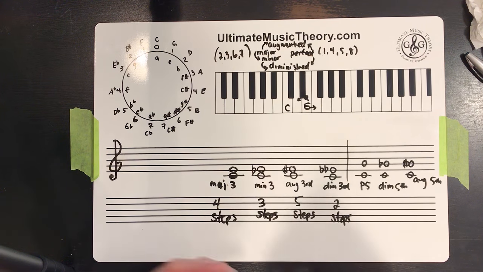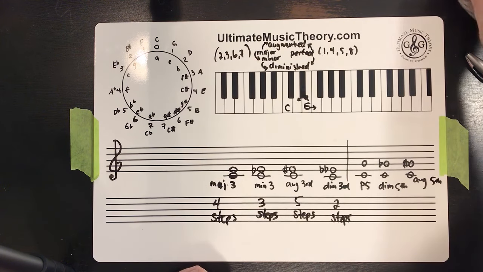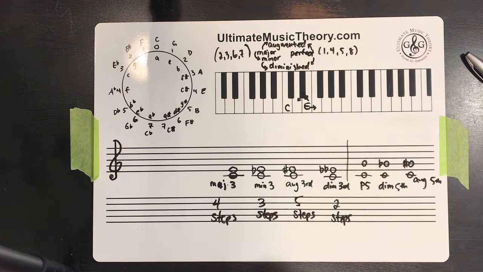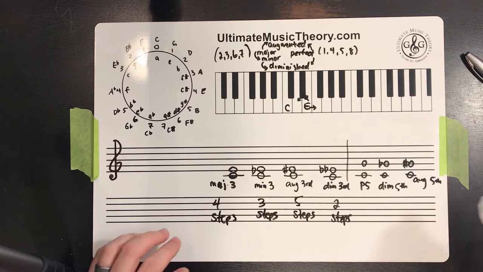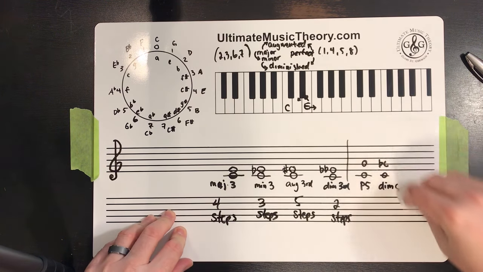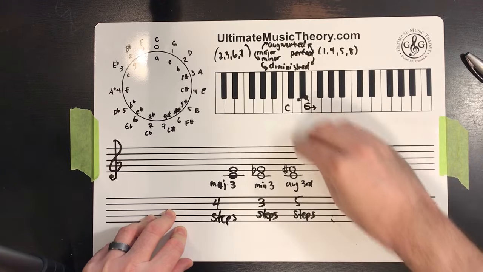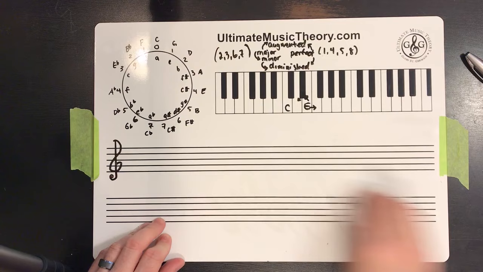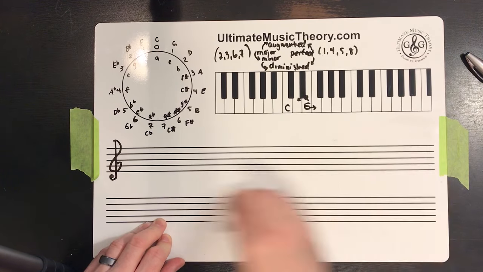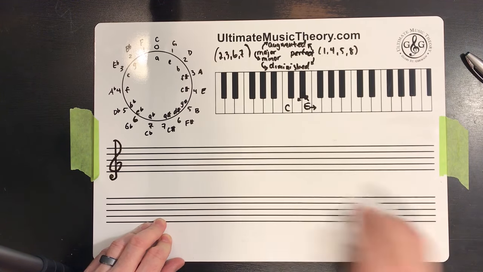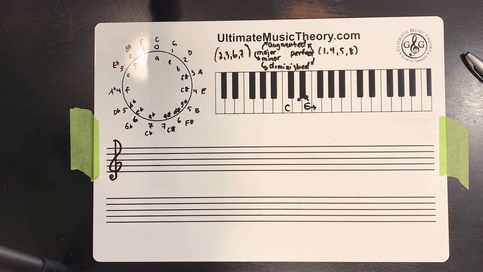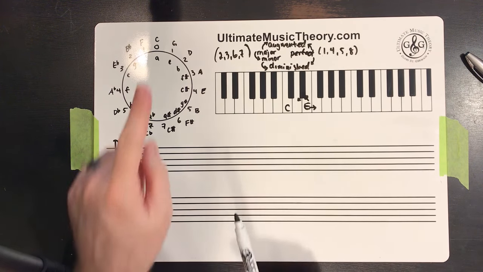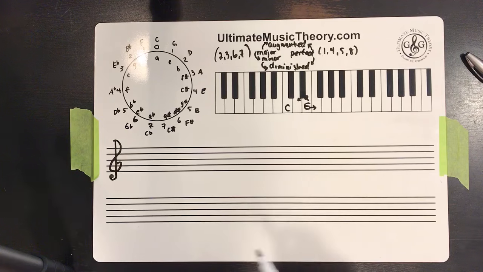let's look at how an interval works when there's a key signature. So let's go ahead and erase everything here. Let's take, for example, the key of D major.